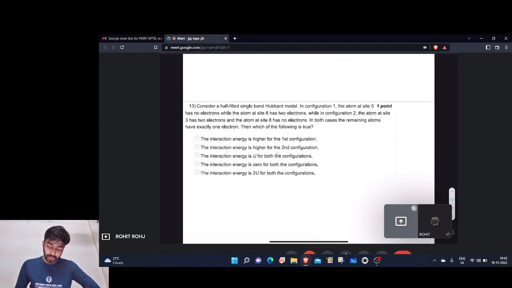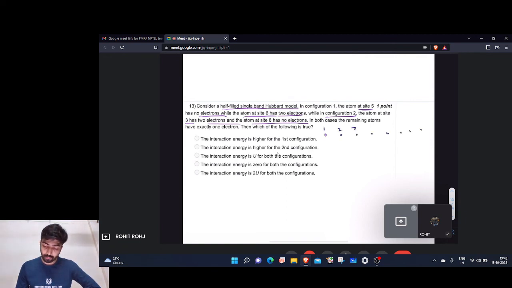Now question number 13 is just a consideration: consider a half-filled single band Hubbard model, and configuration 1 says the atom at site 5 has no electrons, while the atom at site 6 has 2 electrons, while in configuration 2 the atom at site 3 has 2 electrons and the atom at site 8 has no electron. So it's just a scenario with sites 3, 4, 5, 6, 7 and 8.